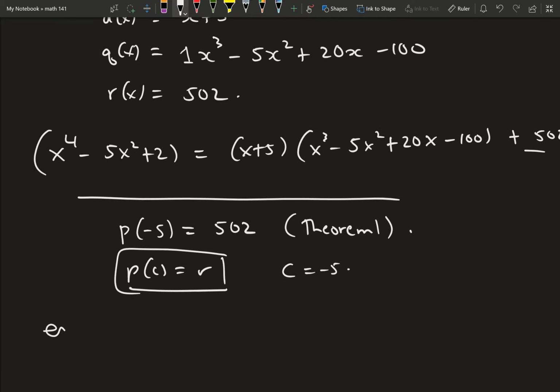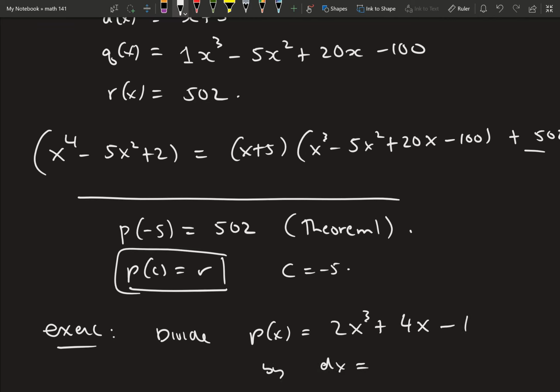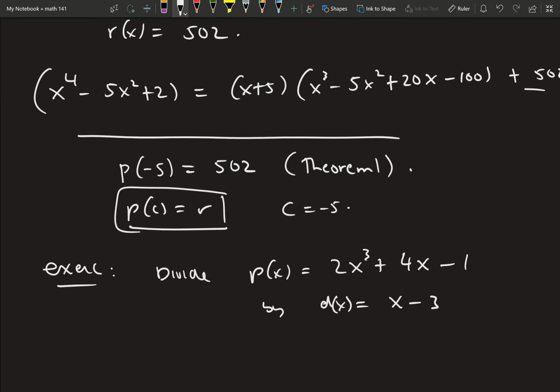Okay, I'll leave you here with an exercise in synthetic division. So divide p of x, which is, say, 2x cubed plus 4x minus 1, by d of x, which is x minus 3, using synthetic division.